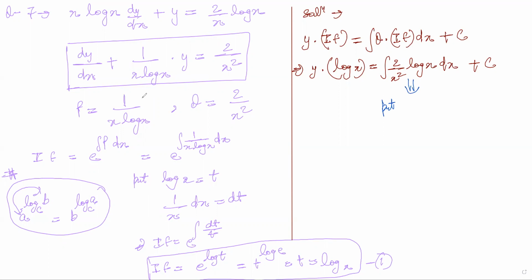Sir, I'm using by parts, sir. Okay. And what is the first function in that case? Log x. Okay. And what is the second function? X raised to -2 is v. Okay. Cool. Correct.